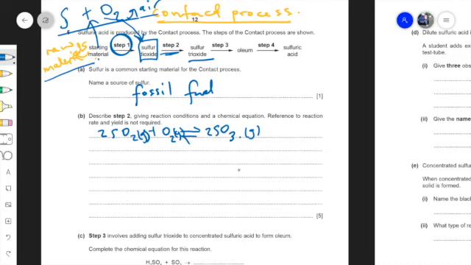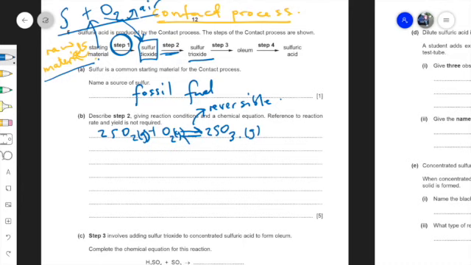And the other thing that you have to show is that it is a reversible reaction. So you need to put this arrow or symbol for a reversible reaction.